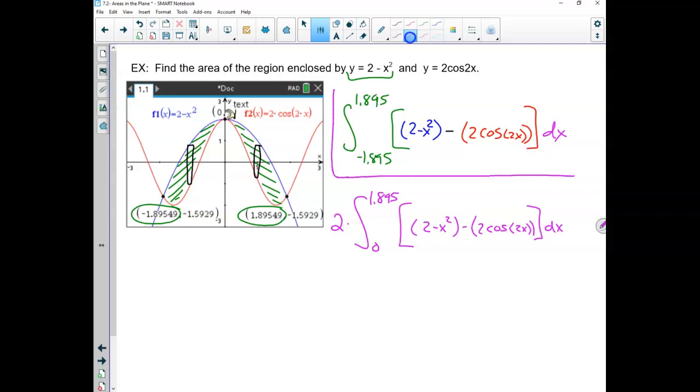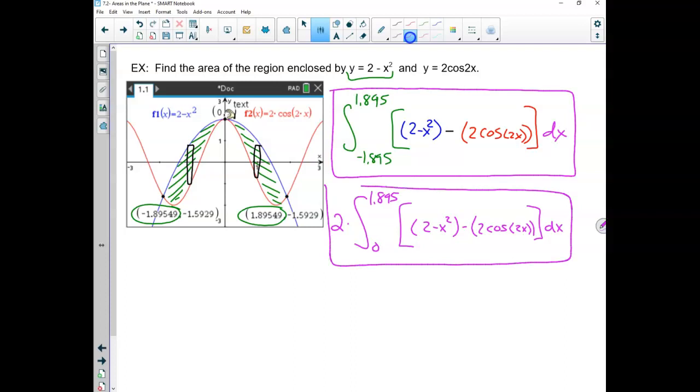I could use this one, or I could use this one, okay? And also remember, if the AP board said f of x equals 2 minus x squared, that's my blue function, and they defined g of x as 2 cosine 2x, if they define my functions as f and g, I don't have to write it out like this, just so you know.